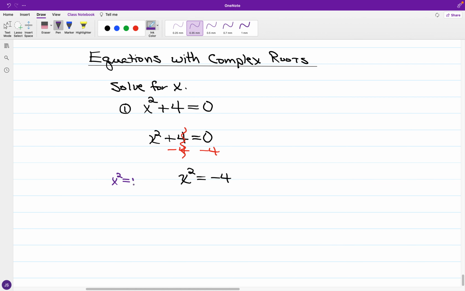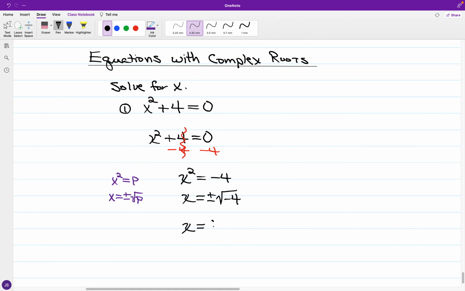And just using the square root property of equality, going from x squared is equal to p to x is equal to plus or minus the square root of p, we have x equal to plus or minus the square root of negative 4.